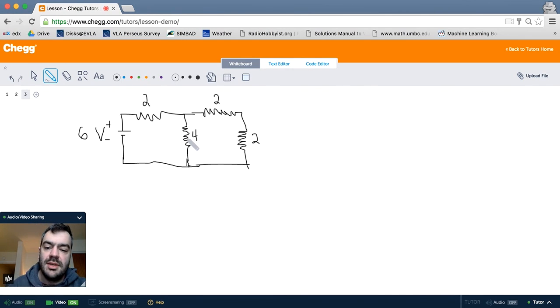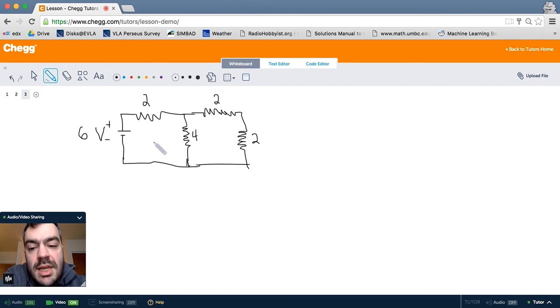So let's look at the big picture here. We have a battery, and that battery is directly connected to a 2 ohm resistor. And then the 2 ohm resistor is connected to this box that has 3 resistors in it arranged in a kind of weird way. And that's kind of it.